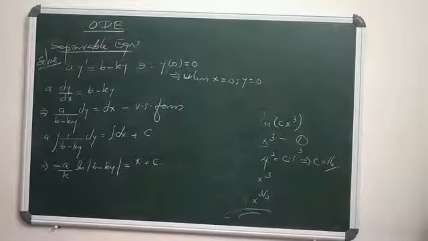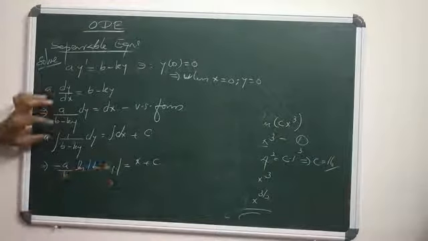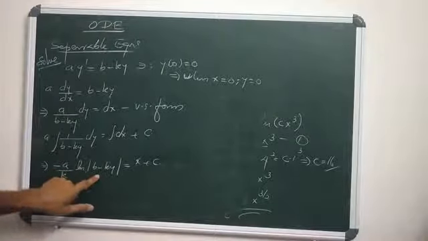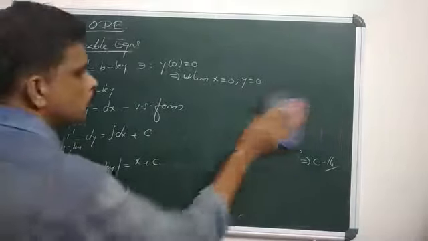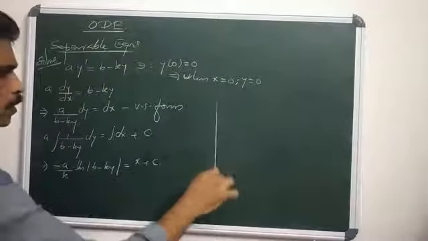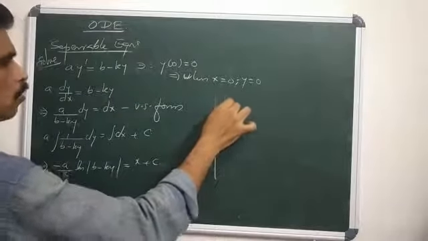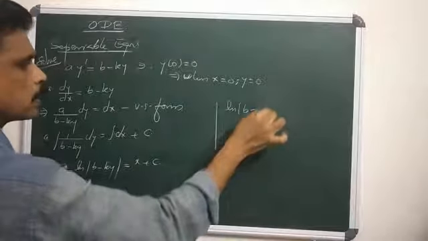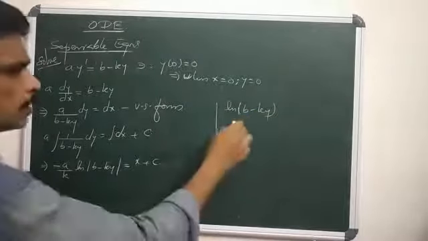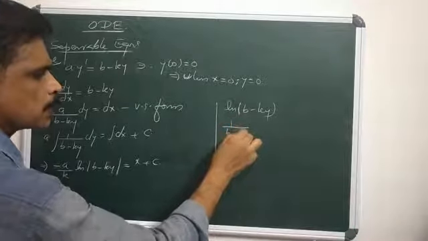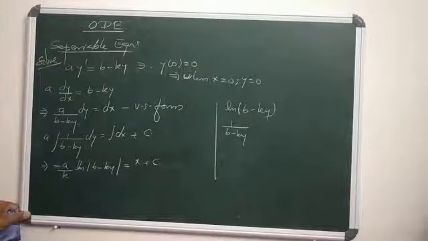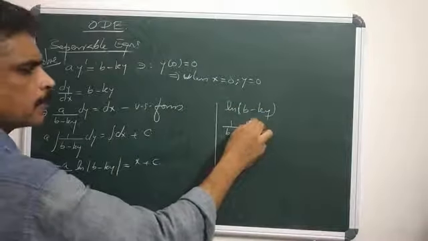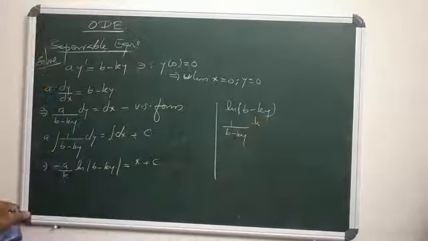Why this one? The integral of 1 by b minus k y is log of b minus k y. Because if you differentiate log of b minus k y, the derivative is 1 by b minus k y into the derivative of b, which is 0, and the derivative of minus k y with respect to y, which is minus k.